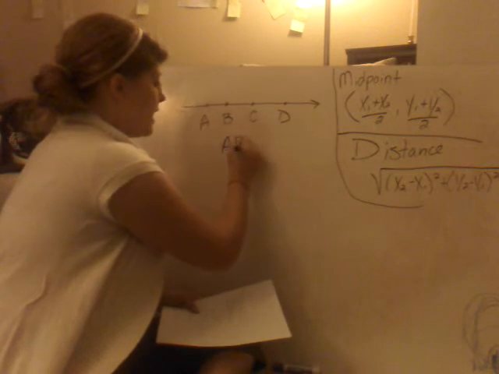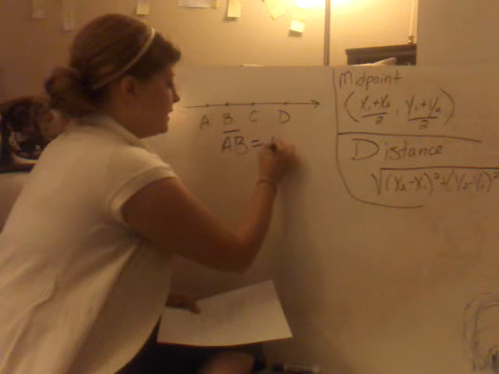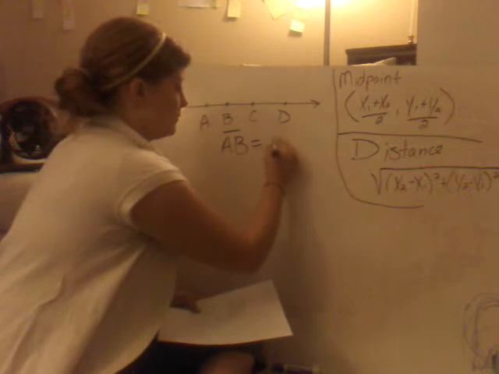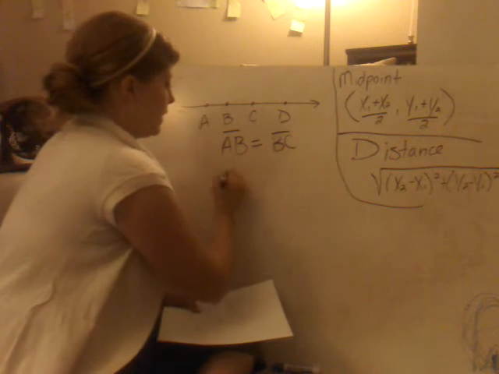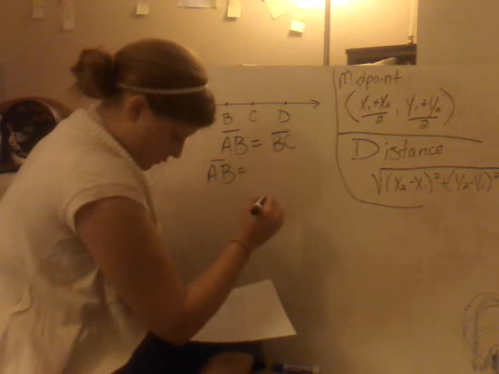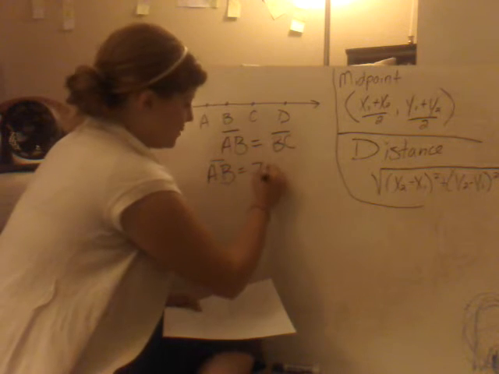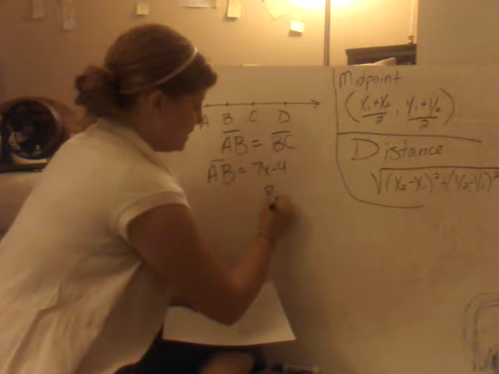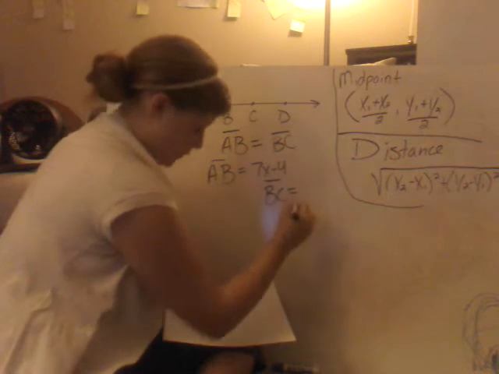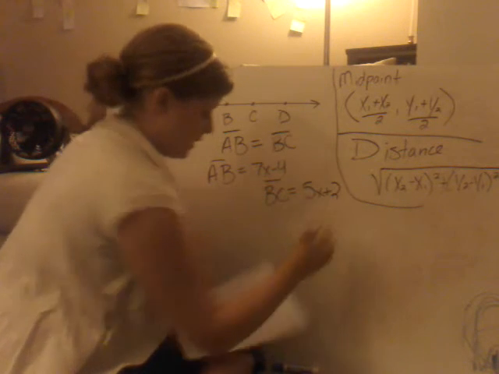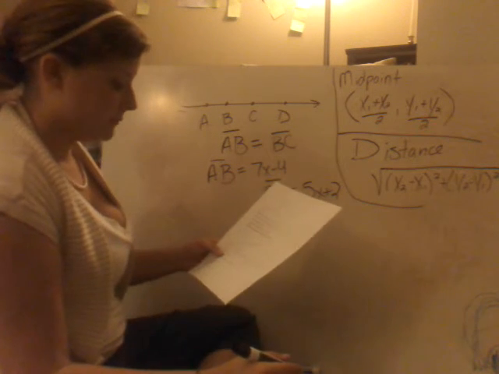So segment AB is equal to segment BC. And I tell you that AB is equal to 7x minus 4, and BC is equal to 5x plus 2. And I want you to find AC.